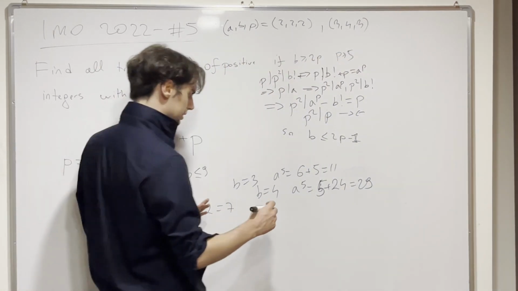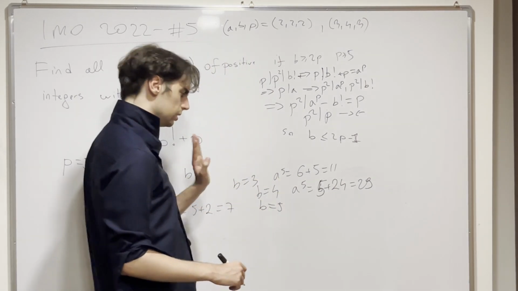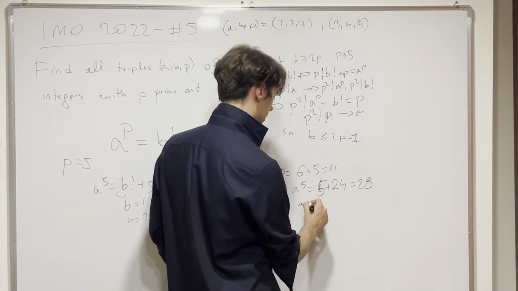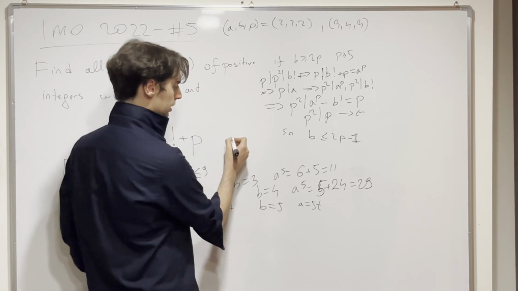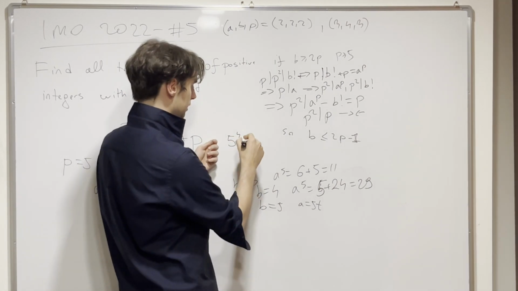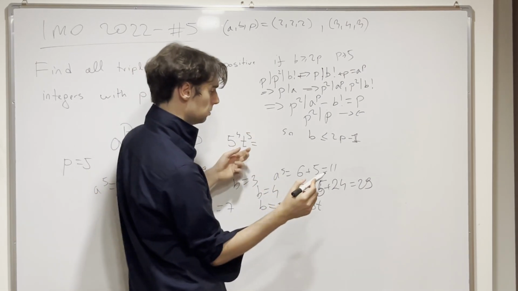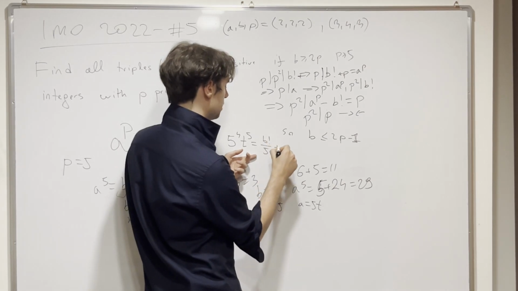And now that we have the visibility, if B is 5, I know then A is also divisible by 5, so A is at least 5t, right? So then this equation is 5 to the 4th times t to the 5th is equal to b factorial over 5 plus 1.